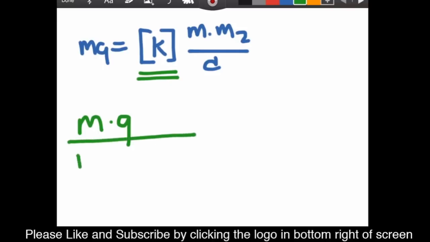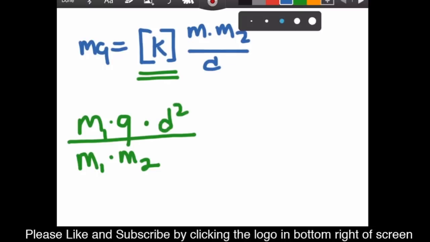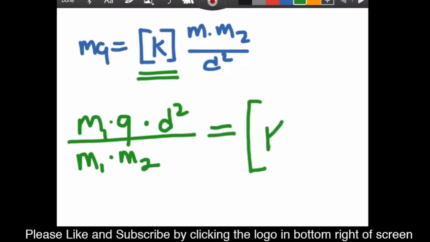We're going to divide that by mass, these are both mass 1 by the way, times mass 2, and then we have to bring d squared up here, sorry I forgot the square there, and that will actually equal our constant. Sound good so far?